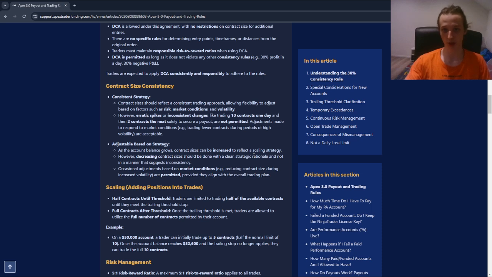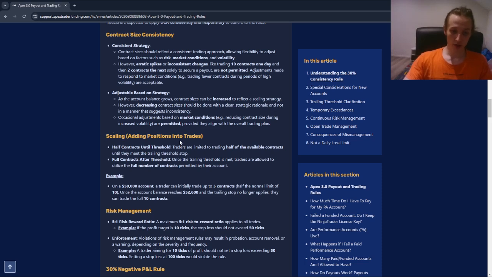You build up a cushion and then you put on more risk. However, decreasing contract sizes should be done with a clear strategic rationale and not in a manner that suggests inconsistency. Occasional adjustments on market conditions, example, reducing contract size during increased volatility, are permitted, provided they align with the overall trading plan. Yes.